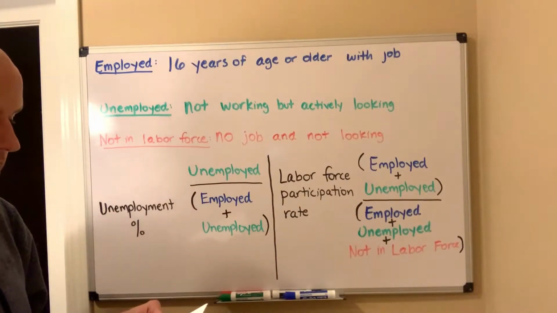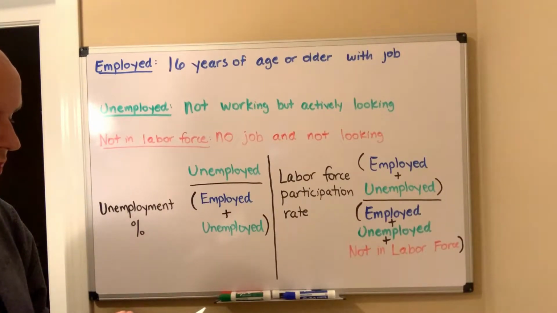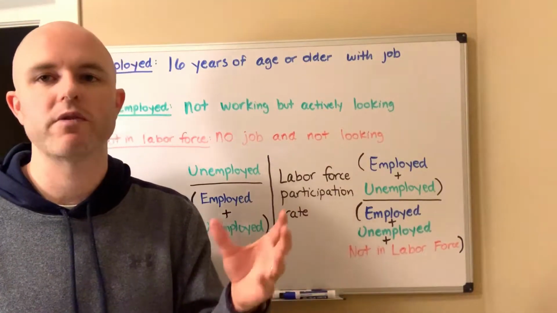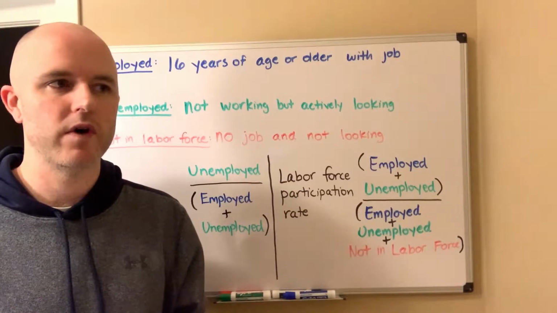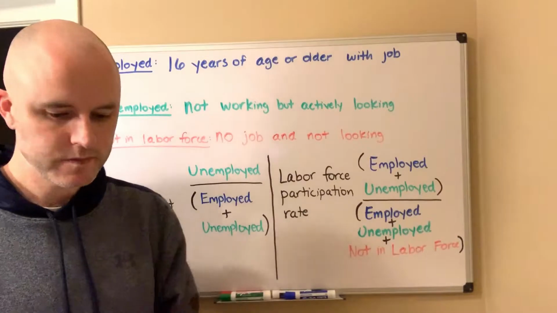Someone who worked 1 hour or more, I believe within the past week. Also, even if you have two jobs, you're just counted once. You're either employed or not employed. The number of occupations you hold does not matter. Okay?